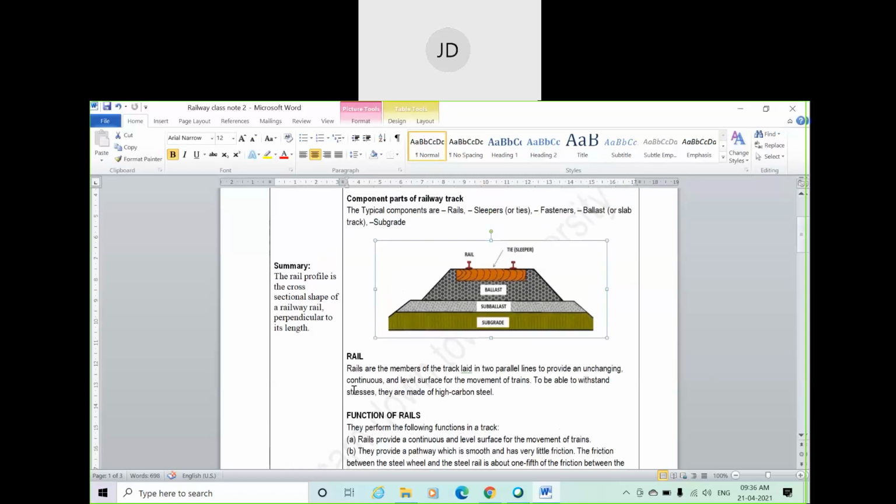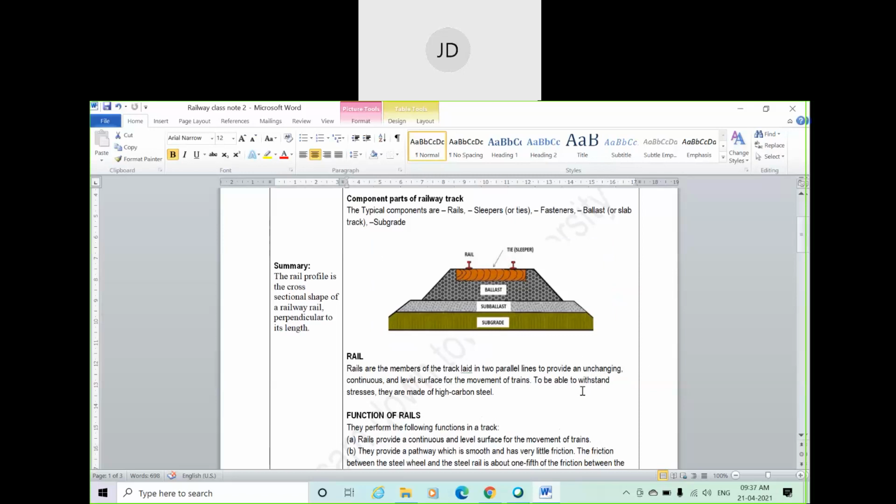You can see these are two rails, placed parallel to each other, in such a manner as to provide an unchanging, continuous, level surface.